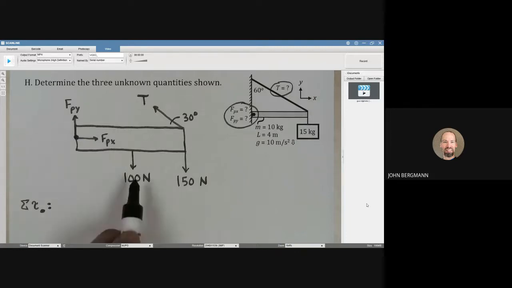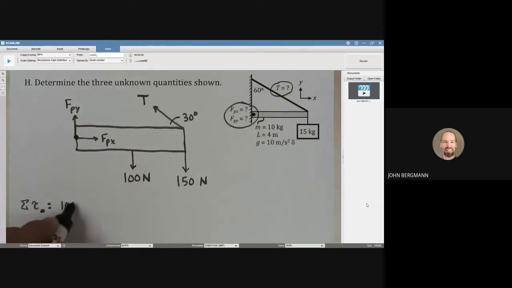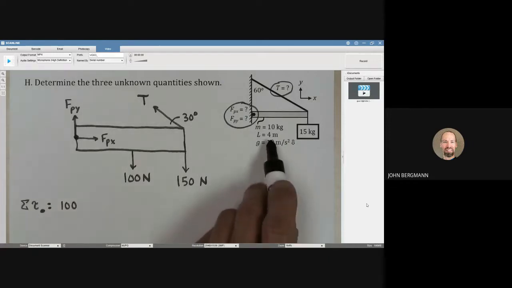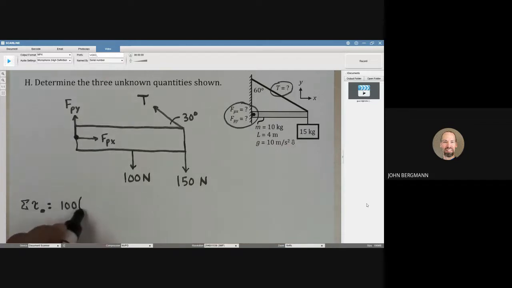It looks like the 150 and the 100 are both acting in the same sense. So we're going to go 100 times, what's its lever arm? Let's look at the original picture. We're told that the length of this beam is 4 meters. So the 100 newton force has a lever arm of 2. The 150 newton force has a lever arm of 4.